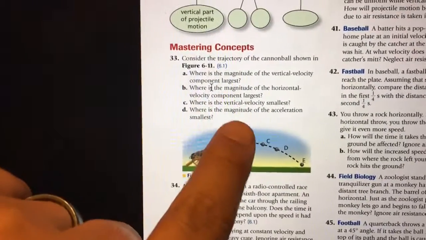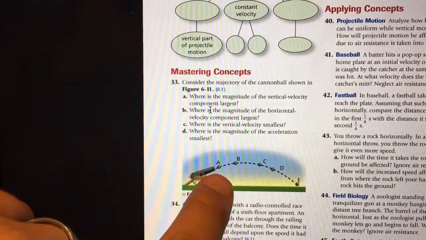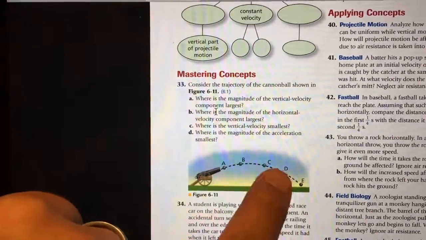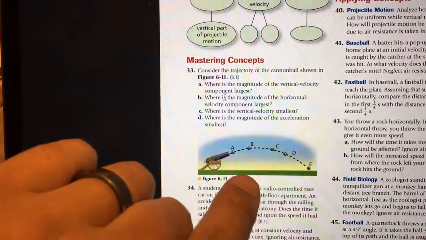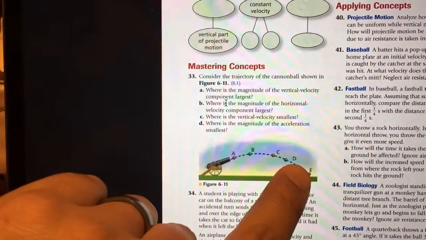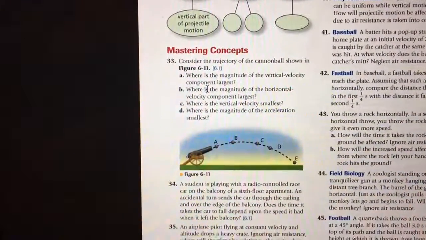Where's the magnitude of the horizontal velocity component the largest? Well, it's actually the same everywhere. This picture is a little misleading as it doesn't show the ball at equal intervals, but if it did, you would see that the ball travels the same distance horizontally every interval, every second, every fraction of a second.